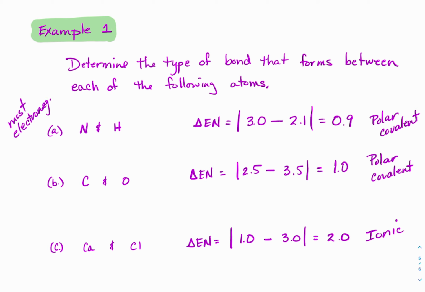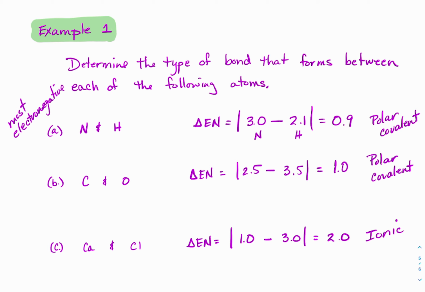So if you look at nitrogen and hydrogen, the nitrogen has a higher electronegativity, so the electrons will spend more time with the nitrogen. And we use a specific little indicator or drawing to write that in a bond.